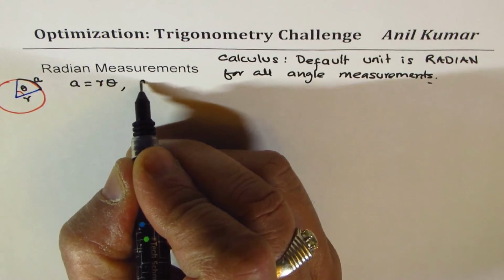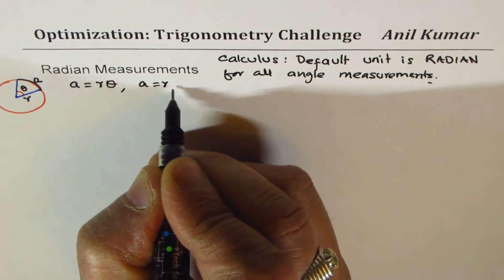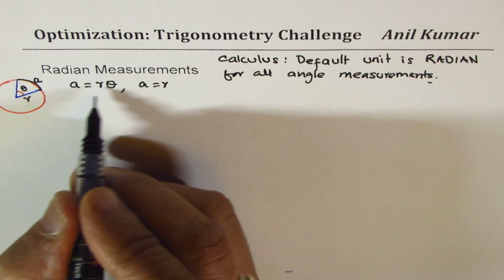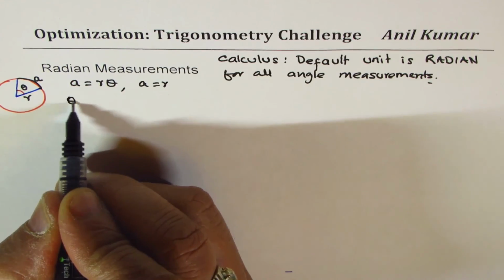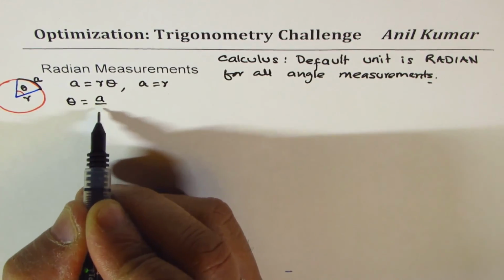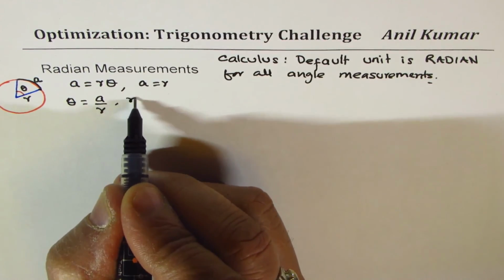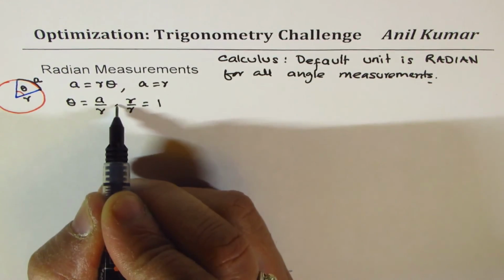Now, if A equals R, in that case, what happens? If I write A equals R, basically, I can write from here, theta is A over R, right? If A equals R, that means R over R will get 1, right?